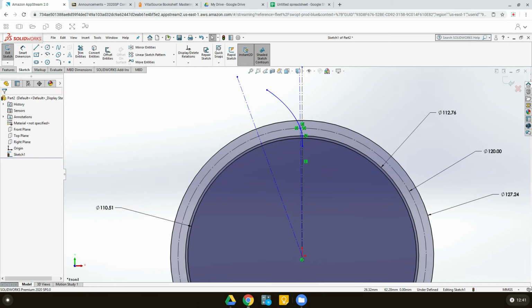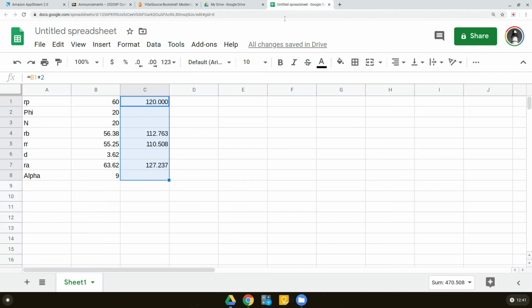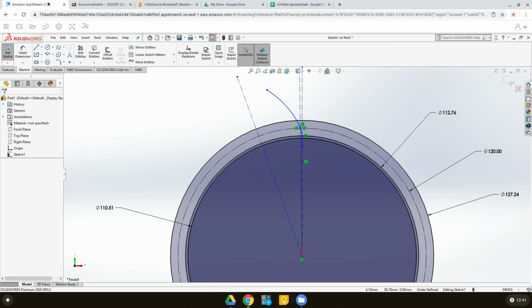Now we know that the gear tooth angle, alpha angle, is 9 degrees. So we want to do half of that on this side of the gear tooth, and half of the angle would be on the other side of the gear tooth, right?